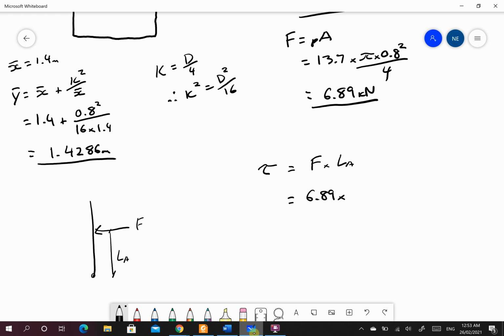Well, the lever arm is just y bar take x bar in this case, so it's going to be 28.6 millimeters, converting that to meters, so what I end up with is 197. Now torque is measured in Newton meters or kilonewton meters, exactly the same as our moments.